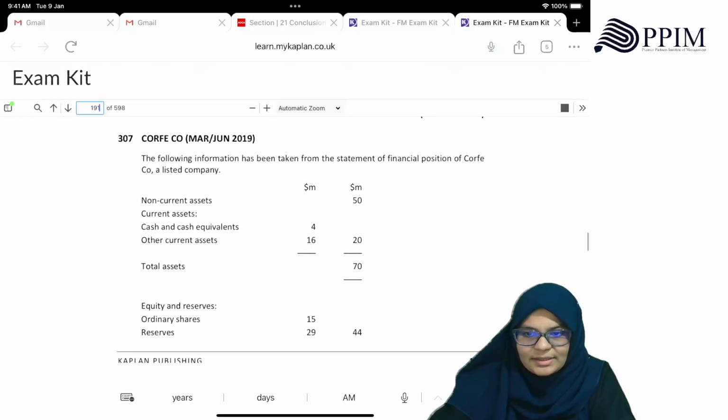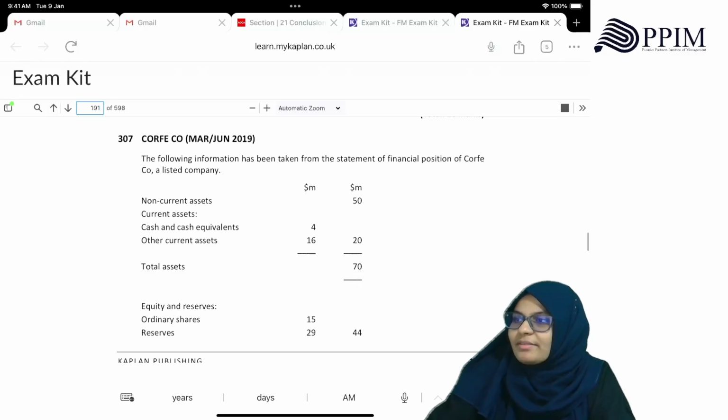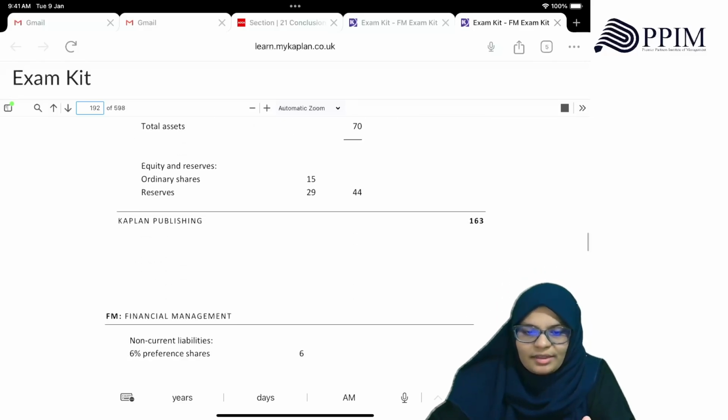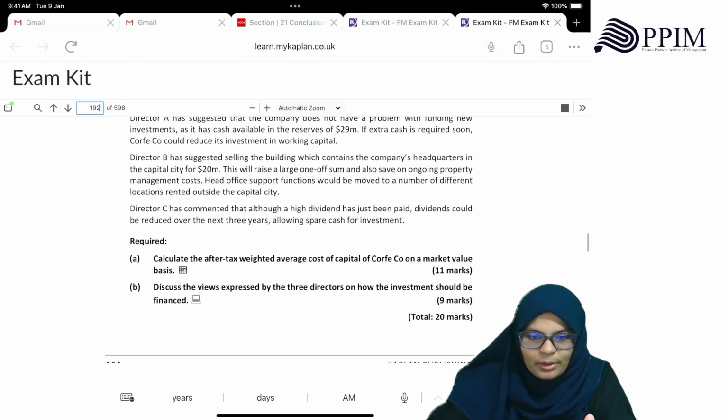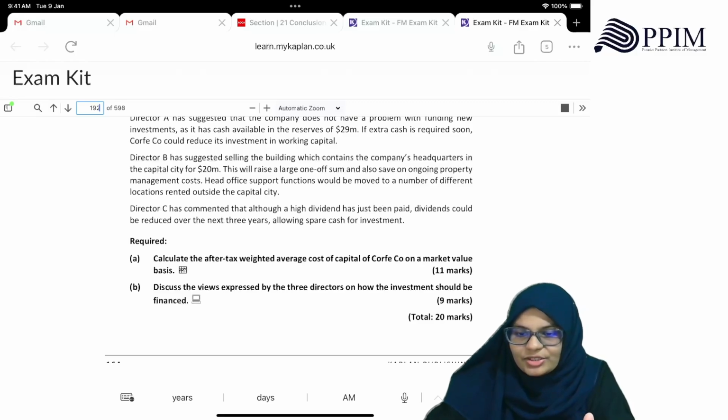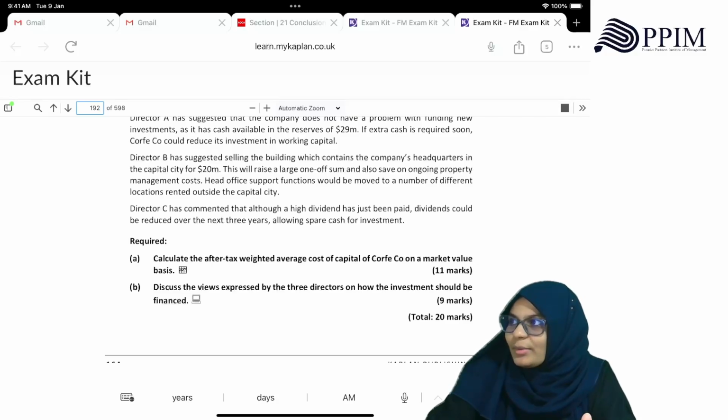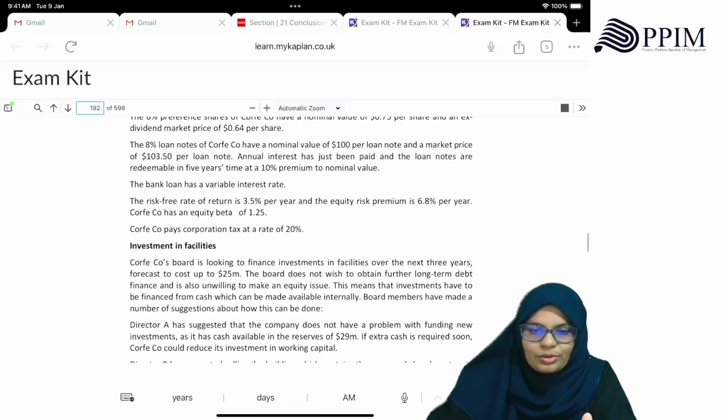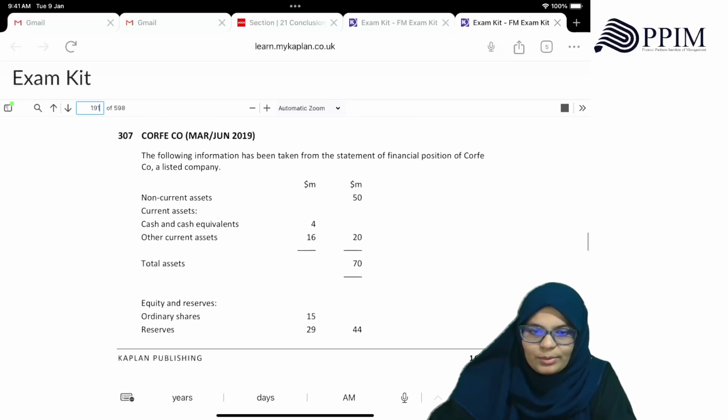So if you have the question, please read through it and try it yourself, because this particular question we've already done last week also. The first part, if you see, is talking about calculating the after-tax weighted average cost of capital of COF company on a market value basis. Okay, so weighted average cost of capital, that we have already done. So try this out and then I will show you how it's done.